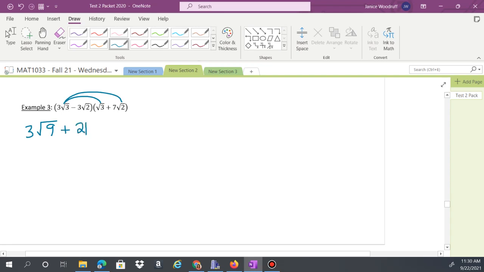And then 3 times 2, 6 under the radical. Then inside, this outside 3 will carry, so minus 3. And then inside 2 times 3, that's going to be 6. And then negative 3 times 7 on the outside, so negative 21. 2 times 2 under the radical will be 4.